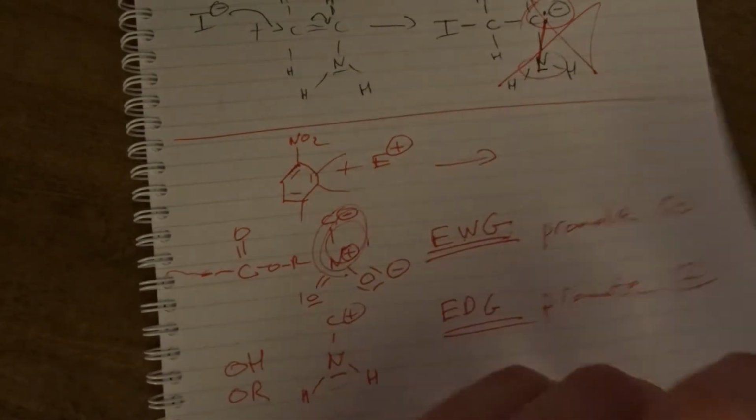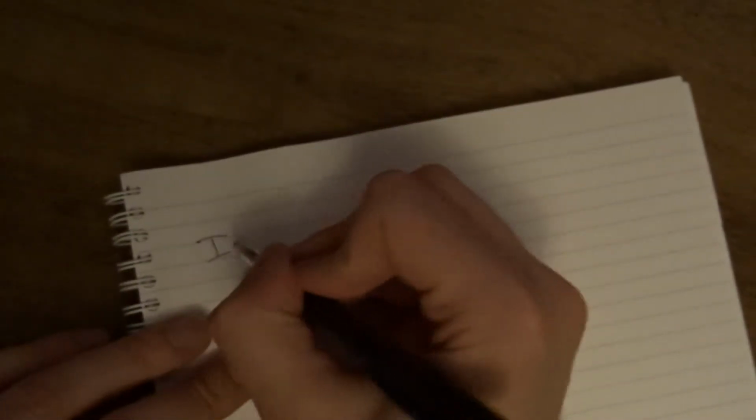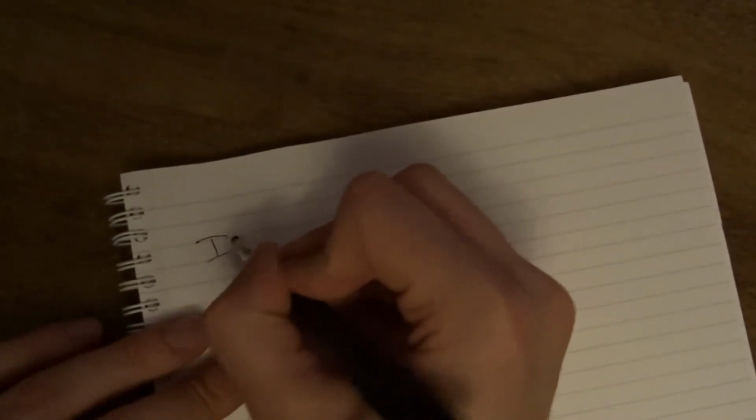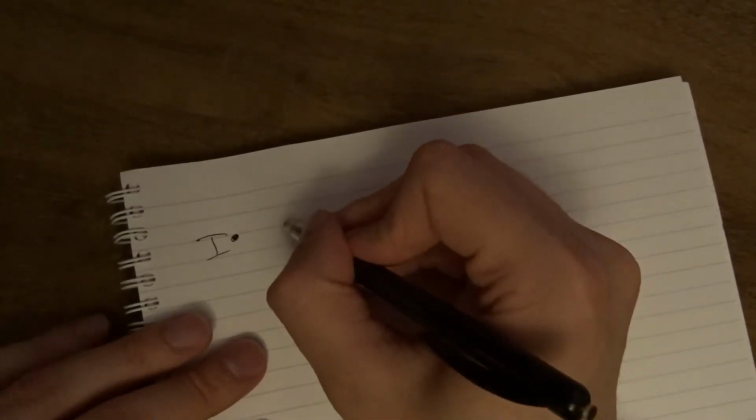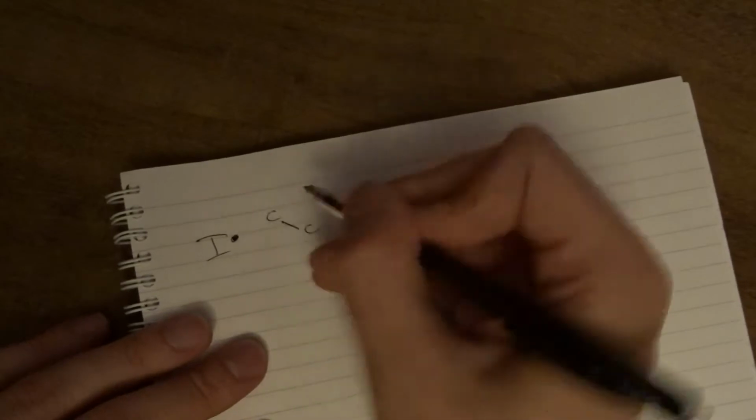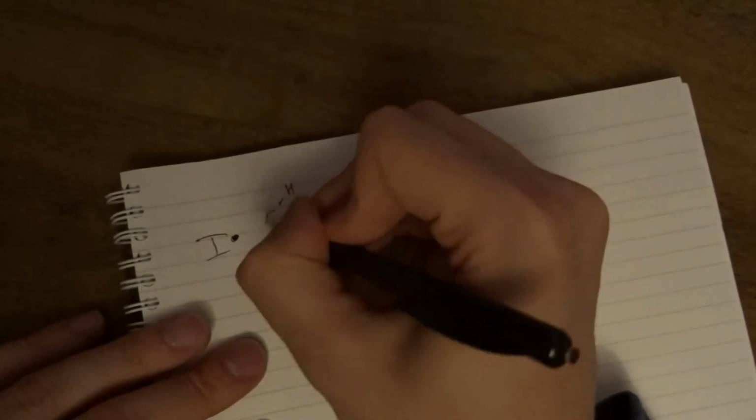Okay, the first part. So we go to the second part, because now we have to look at the radical polymerization. So if you have an initiator that will yield a radical, we can do also some polymerizations.